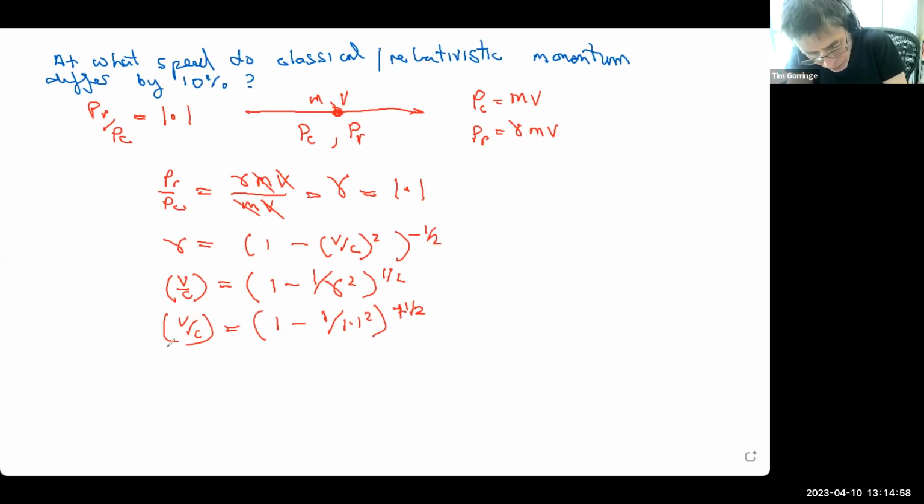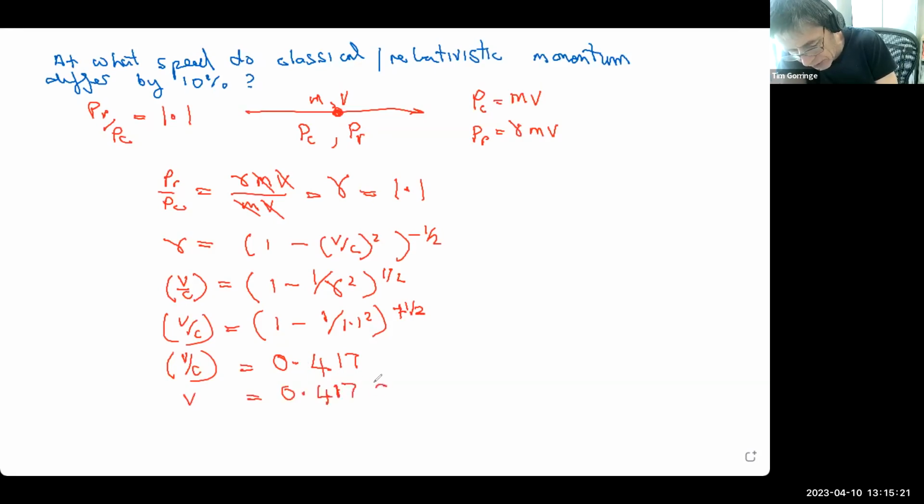And I went ahead and did that. I got that v over c is 0.417. Another way of writing it is that v itself is 0.417 of the speed of light.